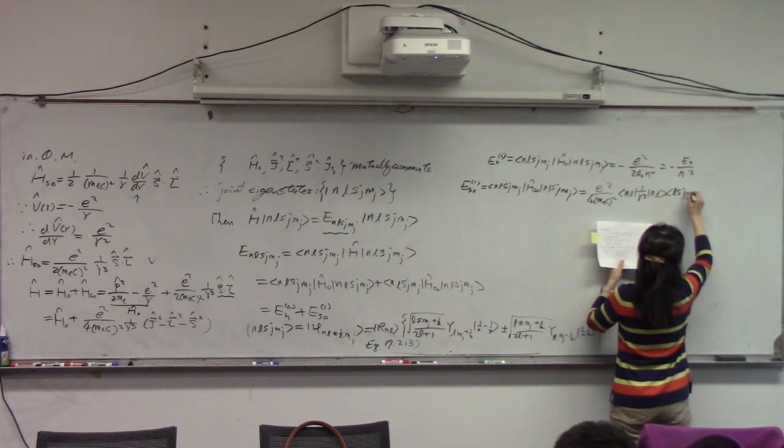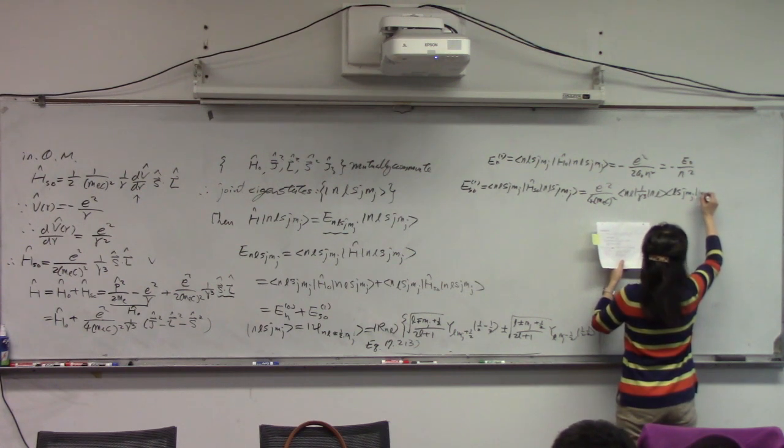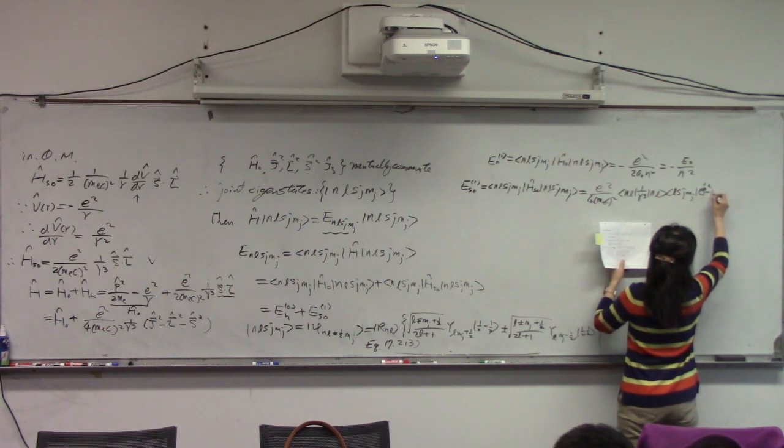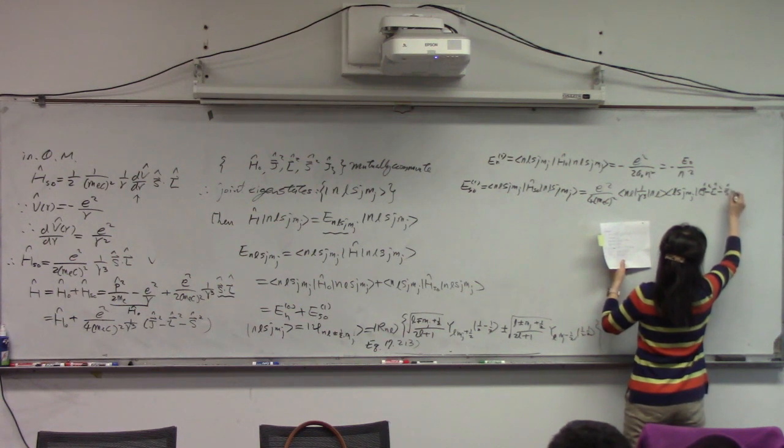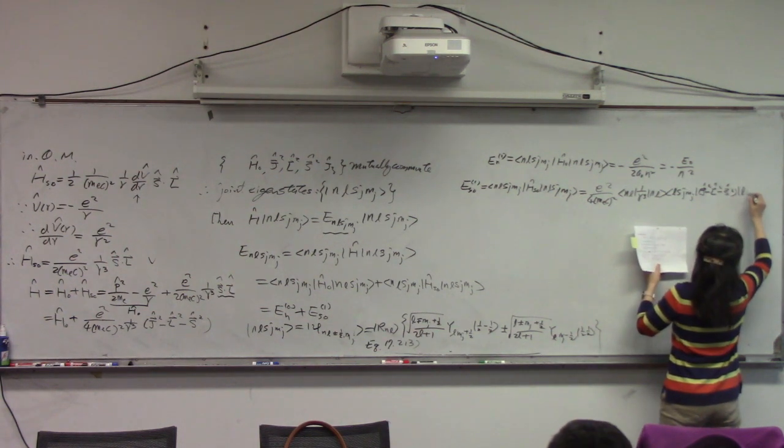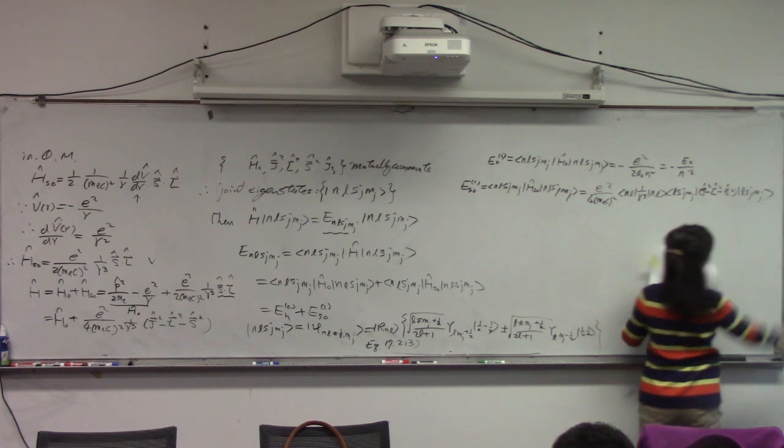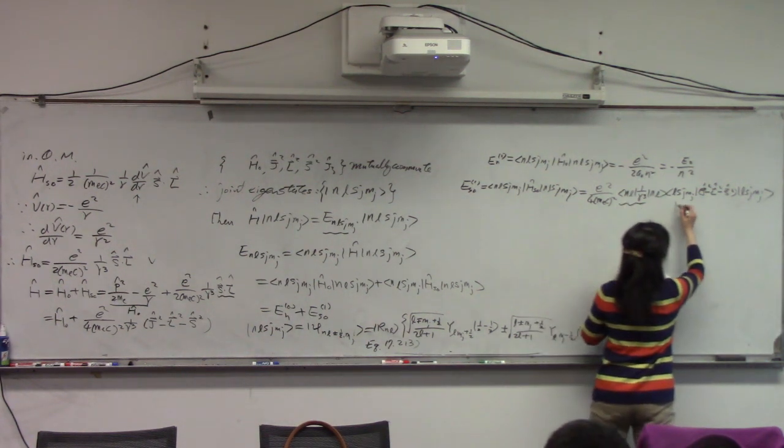So now we only need l, s, j, m_j. Here we have J squared minus L squared minus S squared, in the state l, s, j, m_j. So we need two parts, this one and this one.